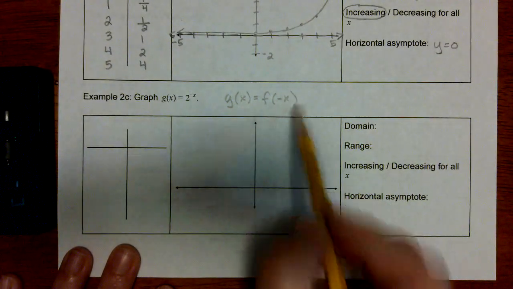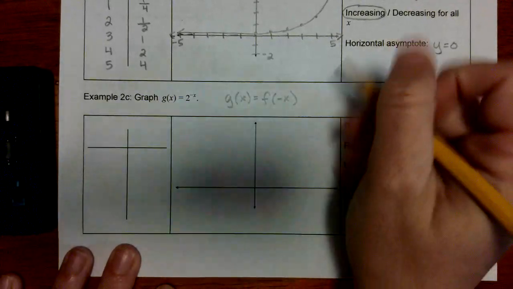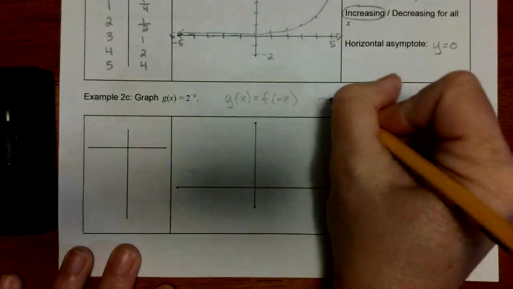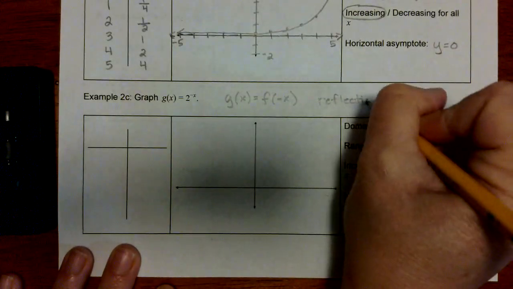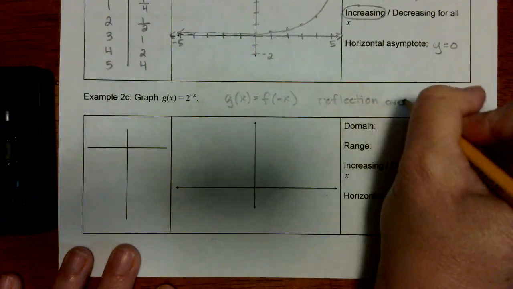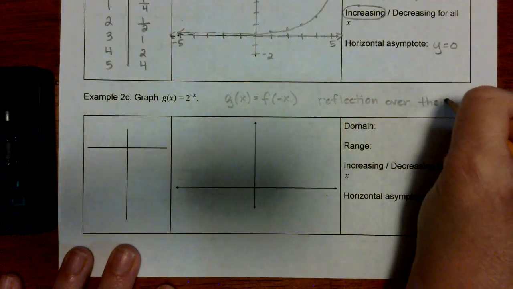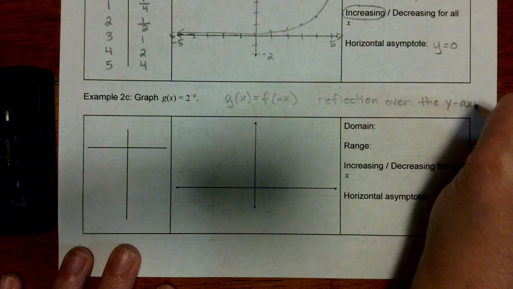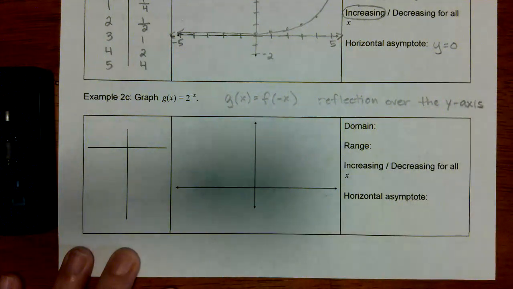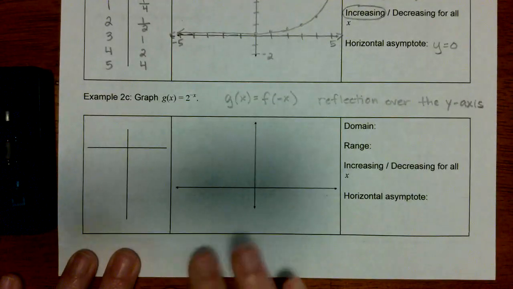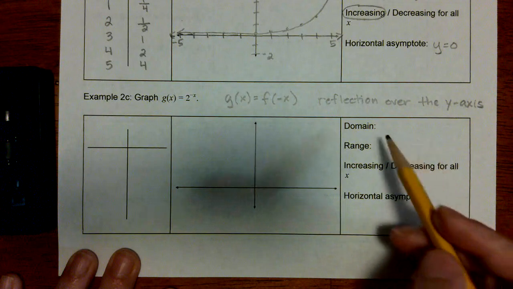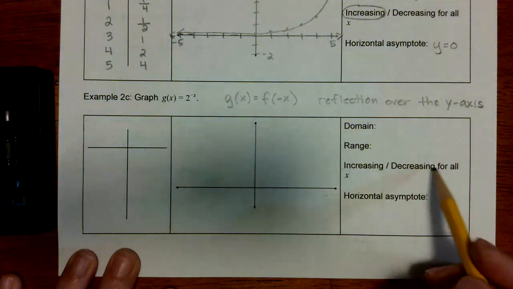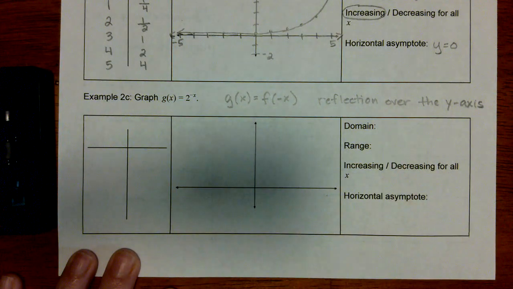Your b is -1, so you're looking for a reflection over the y-axis. So take a minute and create your table, draw your graph, and see how much of the domain, range, increasing, decreasing for all x and horizontal asymptote you can get.